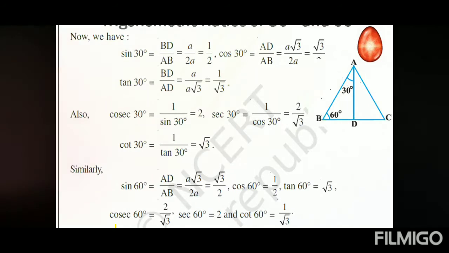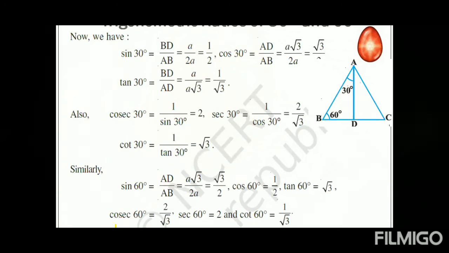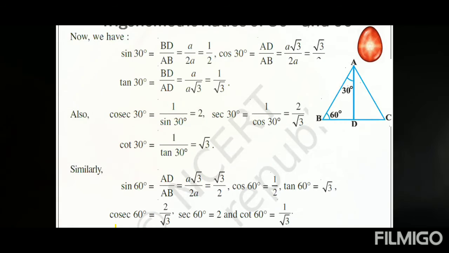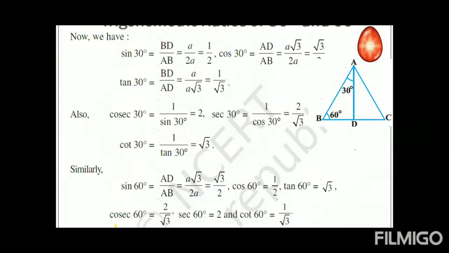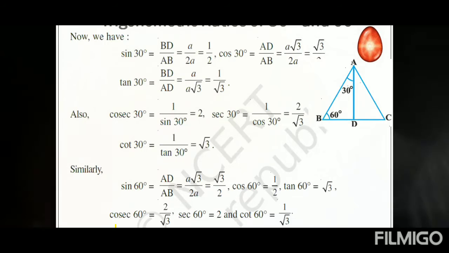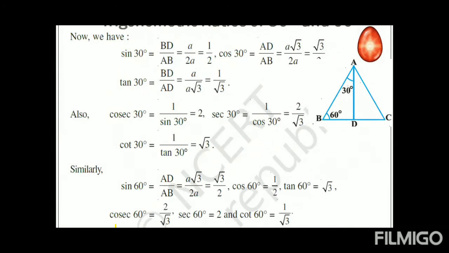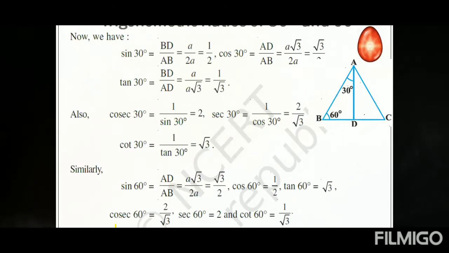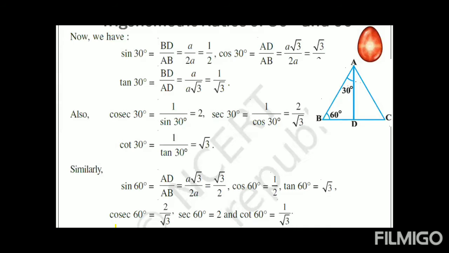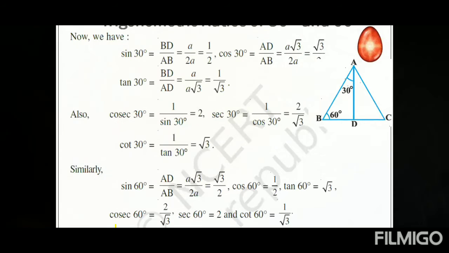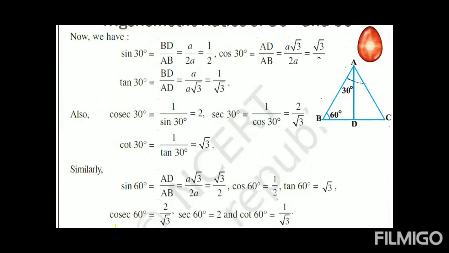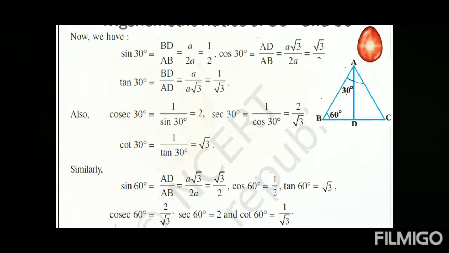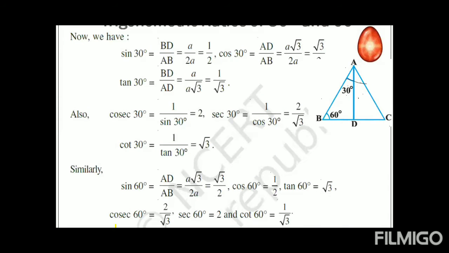So angle A equals angle B equals angle C equals 60°. AD is a perpendicular bisector to BC. We have drawn AD, a perpendicular bisector to BC, where a perpendicular bisector from an angle to a side divides the angle into equal halves. So the 60° when divided into two is 30° and 30°.